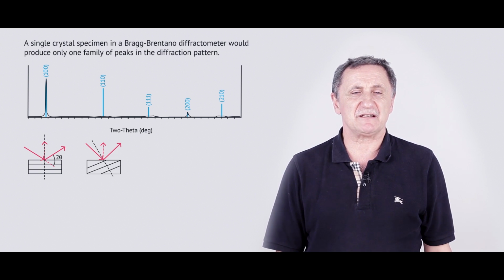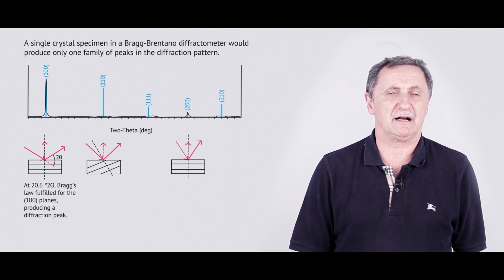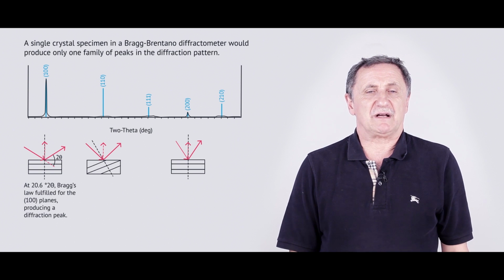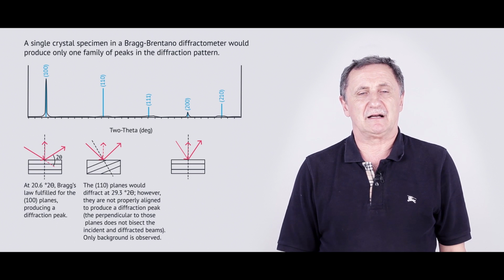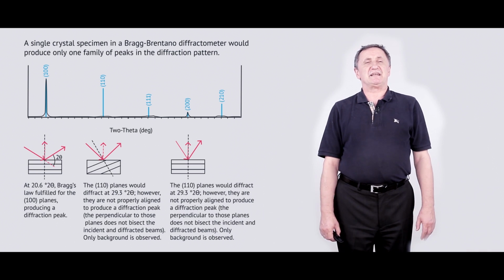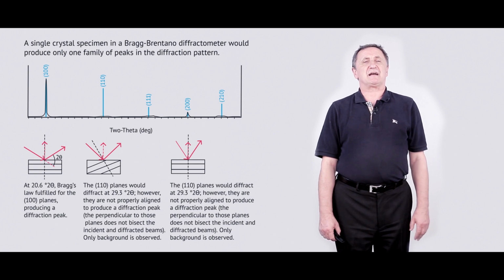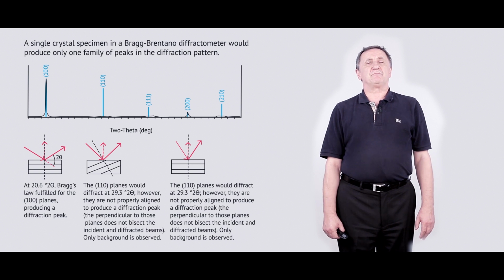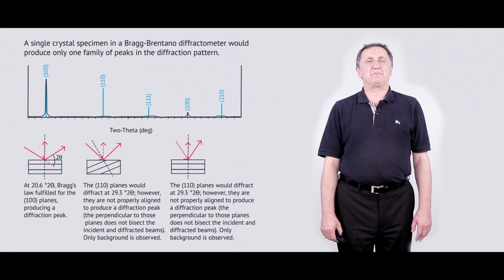So the idea is very simple. If you have a single crystal, and for example in this case the 100 planes are parallel in some sense to the investigated, optimized conditions, then we can expect the diffraction peak obtained by the detector, the 100 diffraction peak here.